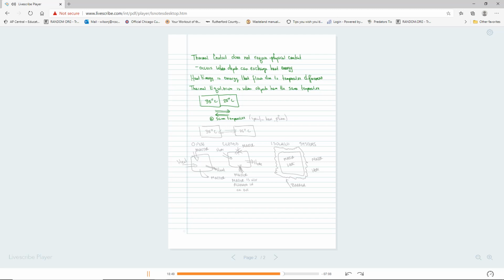And what that temperature is depends on some other things, and we'll talk about it, but things like specific heat, phase, some things like that. So, but if we had the two blocks separated, 35 degrees, 25 degrees, as long as there was no insulator, heat would still flow back and forth. So let's talk about our last little bit here.